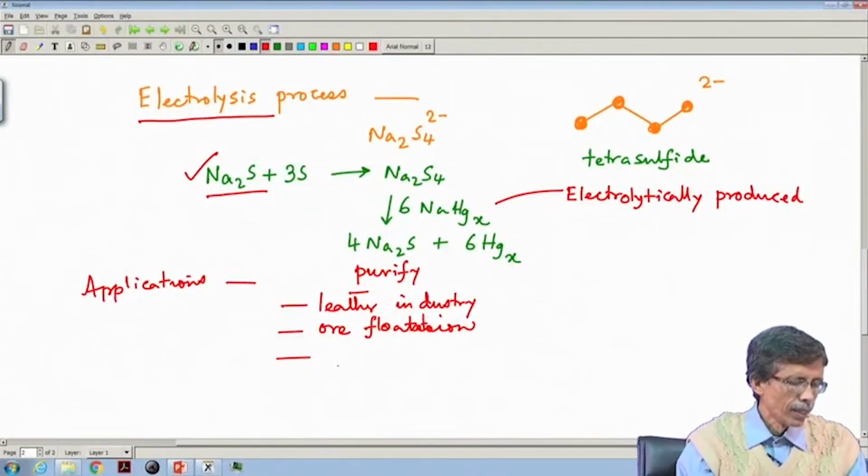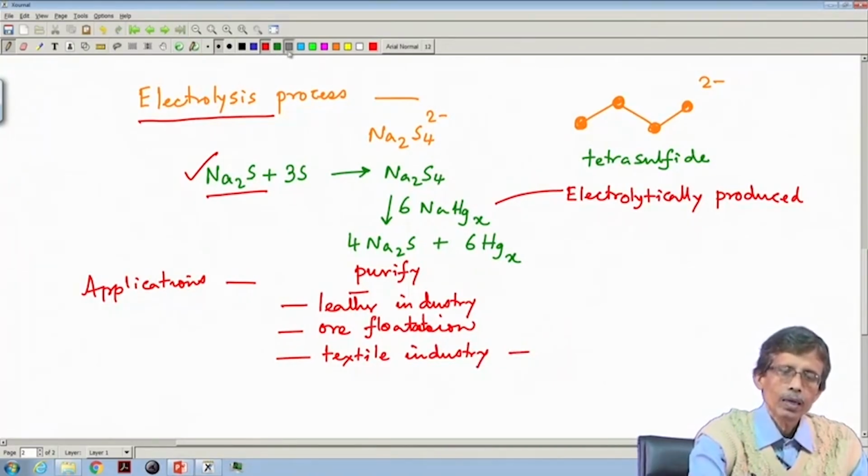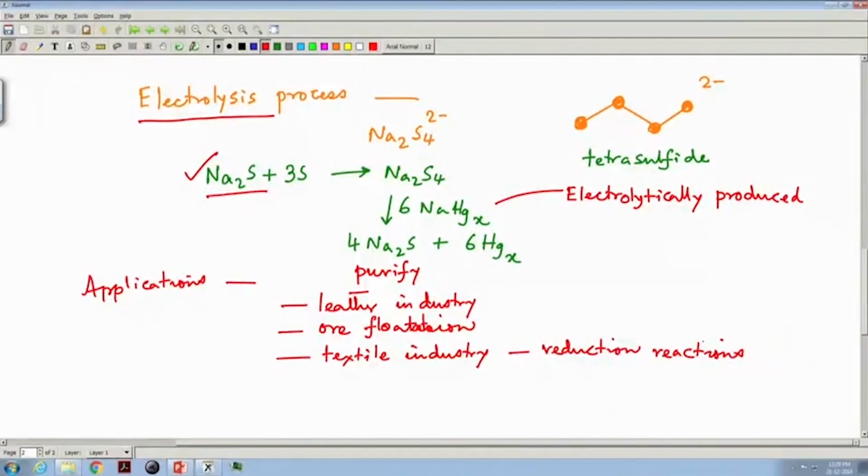Then in the textile industry, again for the different types of reduction reactions, you can use it.